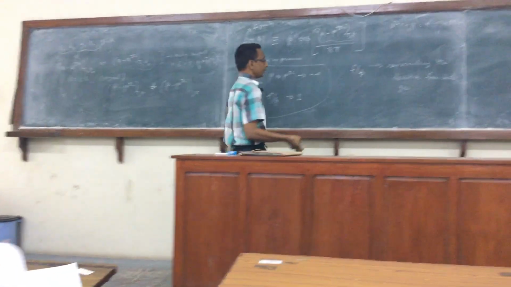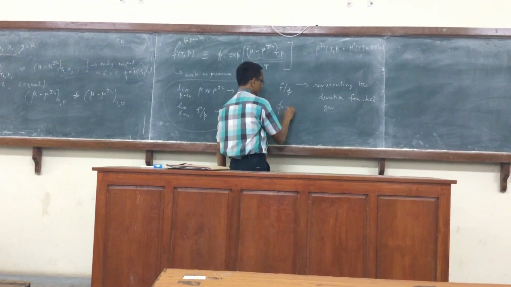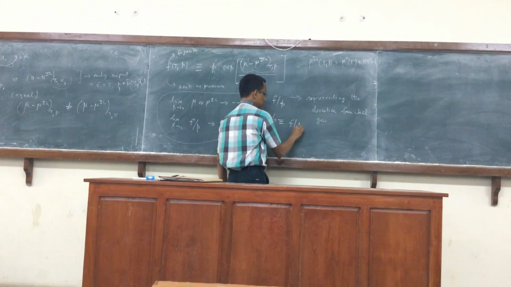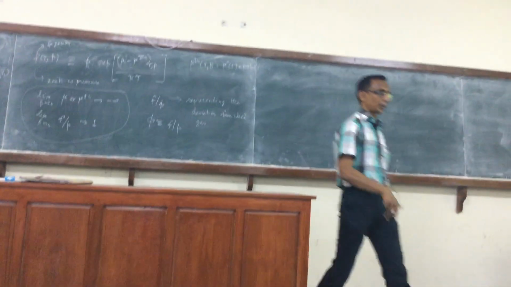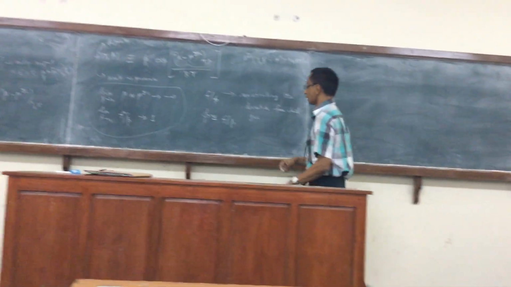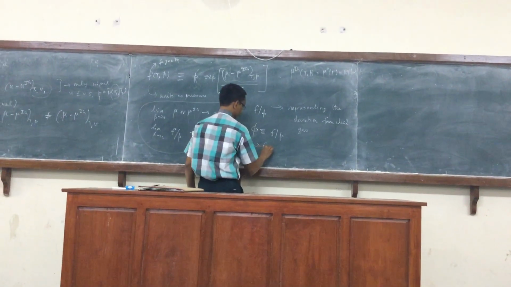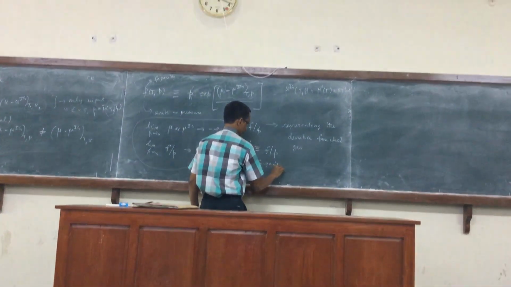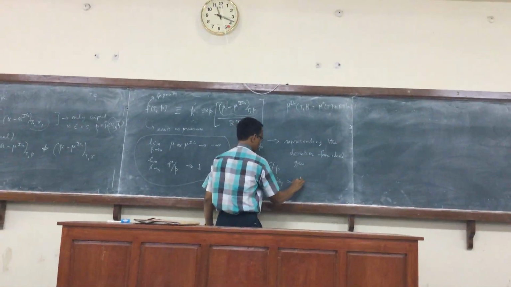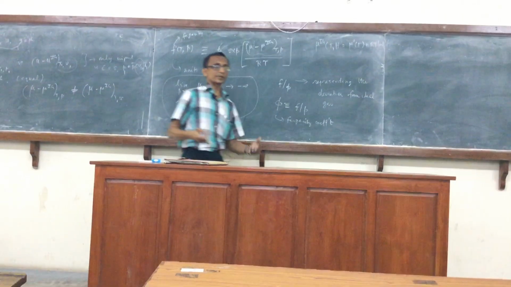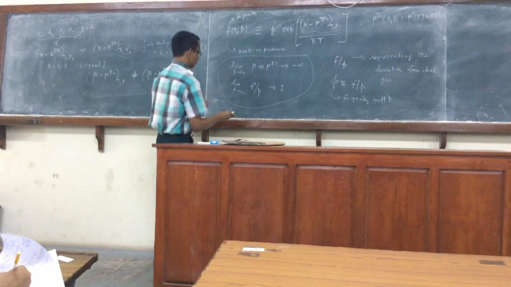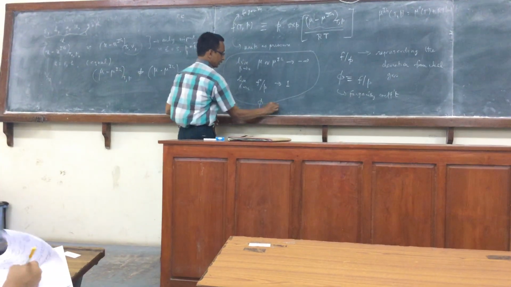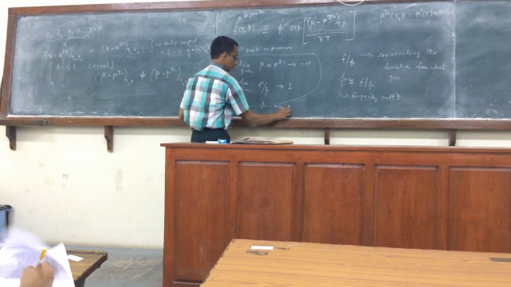And so we define a new quantity: the ratio of the fugacity to the pressure. That is called the fugacity coefficient. If the fugacity coefficient is close to 1, then the actual substance behaves like the ideal gas. The limit of phi as P goes to 0 is 1.